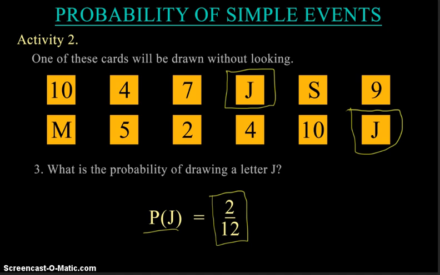Or pwede natin i-reduce sa lowest term, divided by 2, both numerator and the denominator, and that is equal to 1 over 6. So, 1 times 2 is 2, 6 times 2 is 12. So, the probability of picking letter J is 1 by 6.